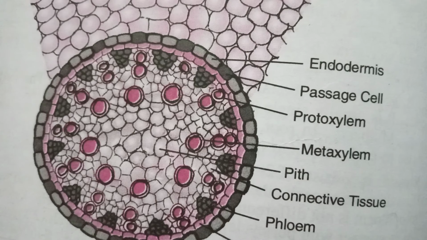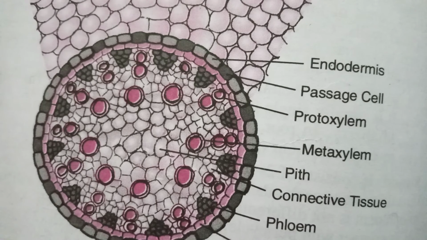Next comes the pith portion. It is the central portion which consists of parenchyma cells. They help in storage, and they also provide extra support. So these are all the different anatomical structures of the root. Here we are comparing a dicot and a monocot root.